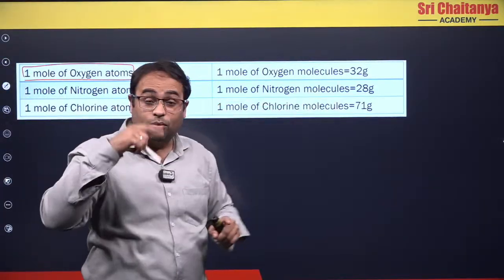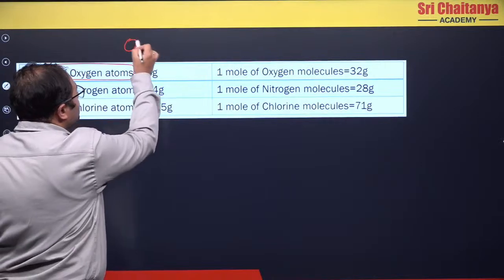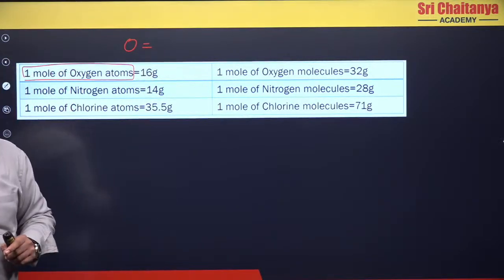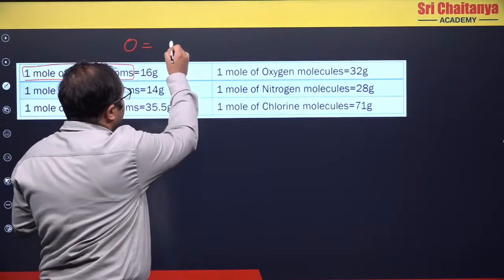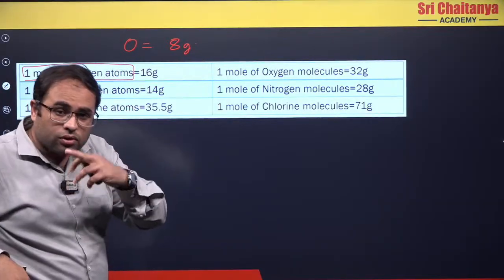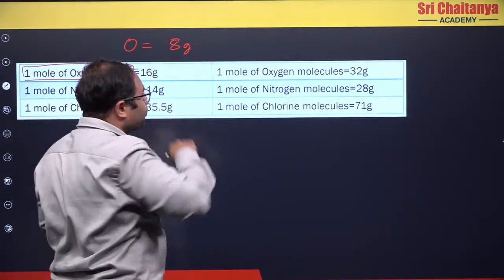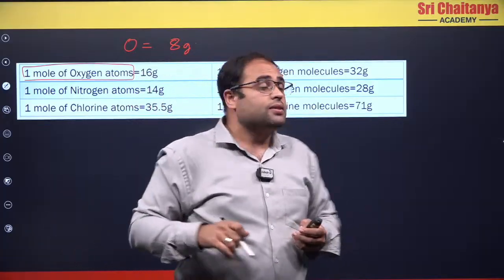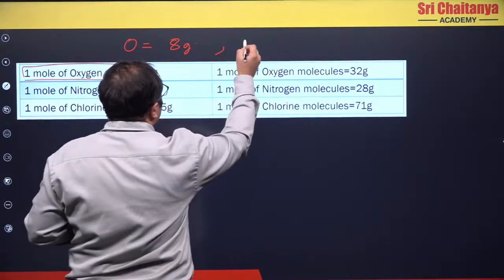1 mole of oxygen molecules, remember oxygen's atomic number is how much? It is 8. So the mass number is 16.